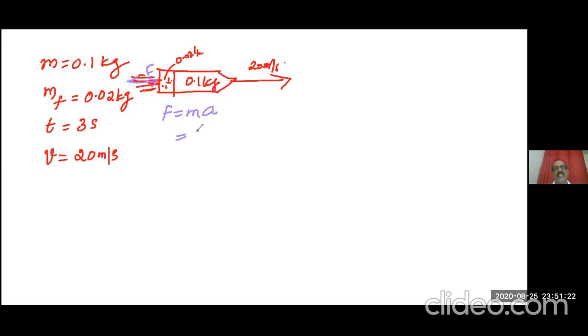M is how much? 0.1 kilogram. Why am I not considering the fuel? Because the fuel keeps burning, and they said to ignore the small variation of the fuel. The question is clear. So rocket 0.1 into acceleration of the rocket, V minus U by T. Final velocity of the rocket is 20, initial velocity 0, time 3.